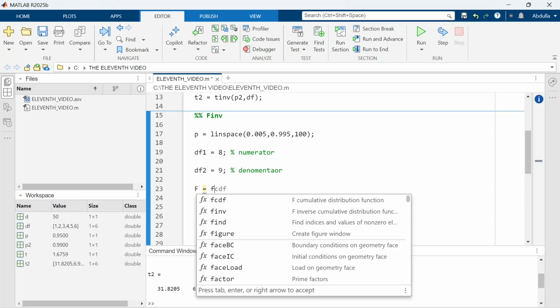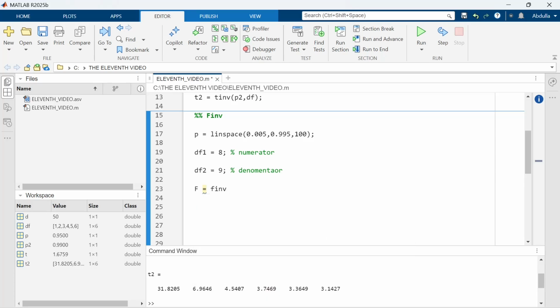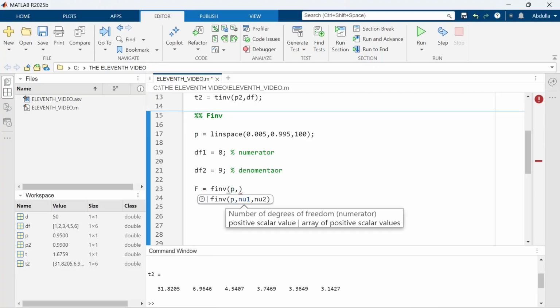Okay, so this FNV has P and, as I said, 2 degrees of freedom, DF1, DF2.